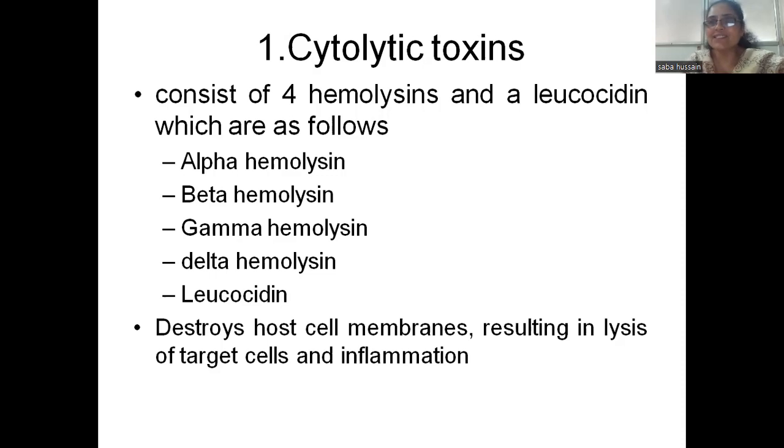Same with lysins, which will be destroying the heme part. The hemolysins are four in number: alpha hemolysin, beta hemolysin, gamma hemolysin, delta hemolysin, and leukocidins will be there. And what will all these cytolytic toxins be doing? They will be destroying host cell membranes.